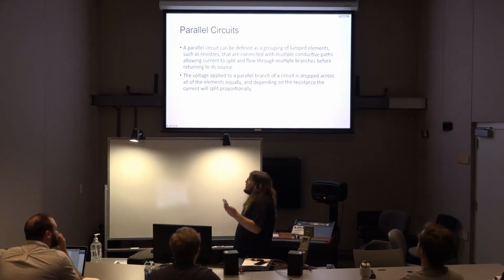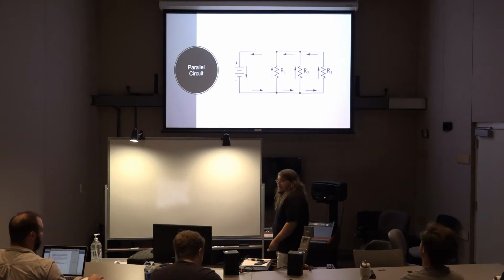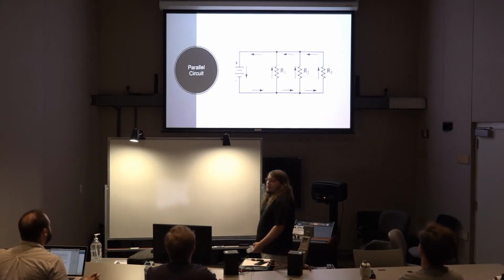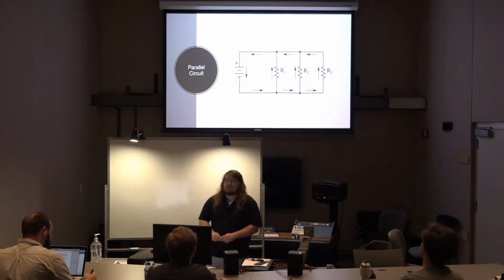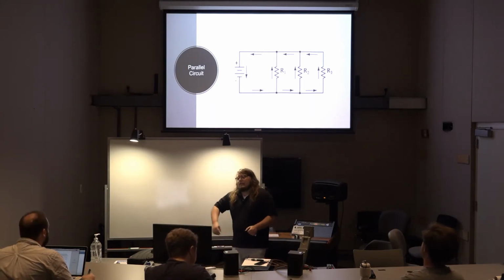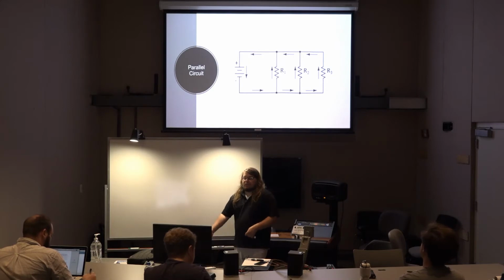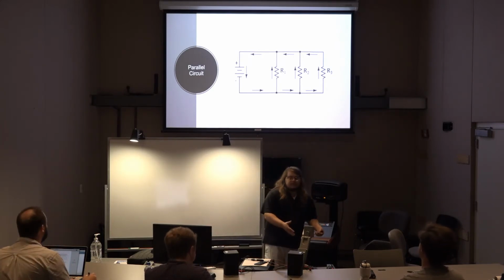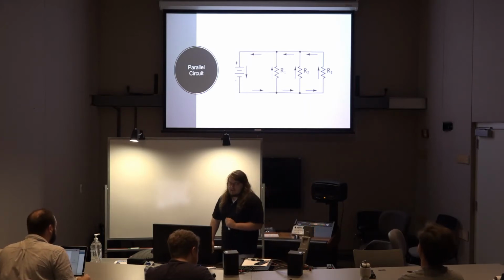So we have this parallel circuit here. If we look at that, we have the same voltage source and the same resistors. We'll do a problem using this kind of setup with the exact same values we just used and see what changes about the two.